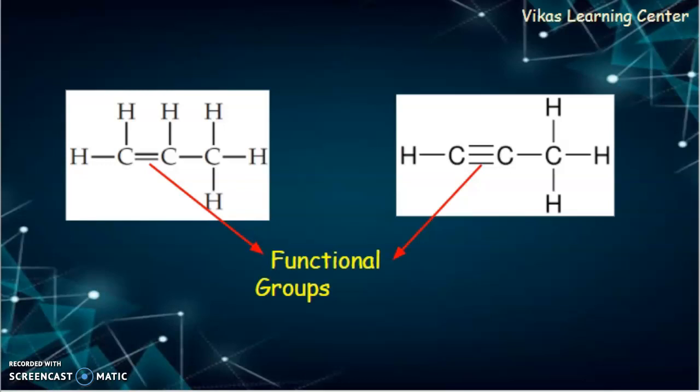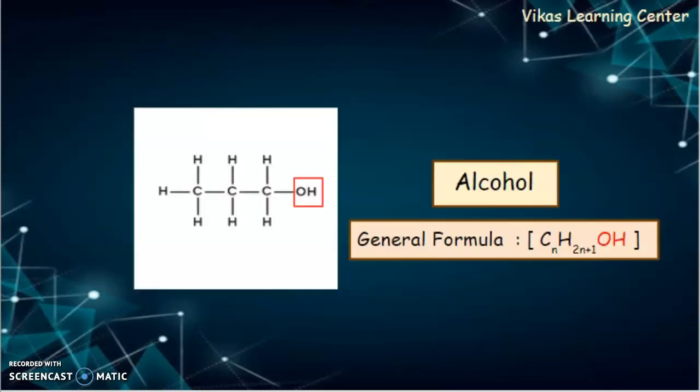Likewise, if you observe the presence of an OH group in any organic compound, such a compound is called alcohol, whose general formula is CnH2n+1OH. Here OH is the functional group.